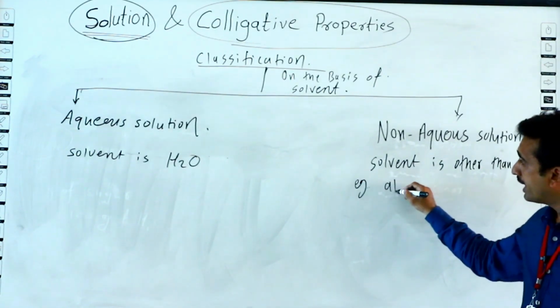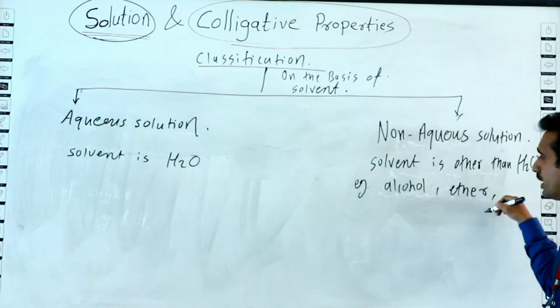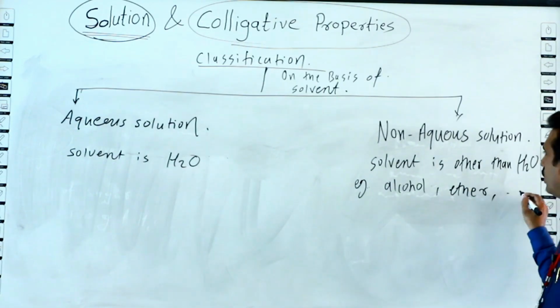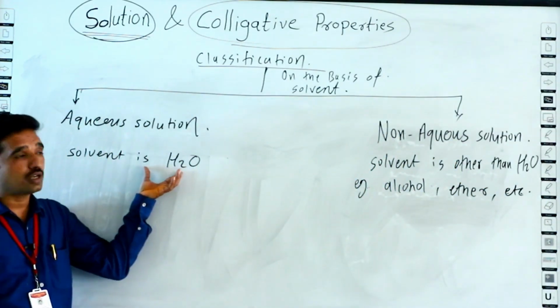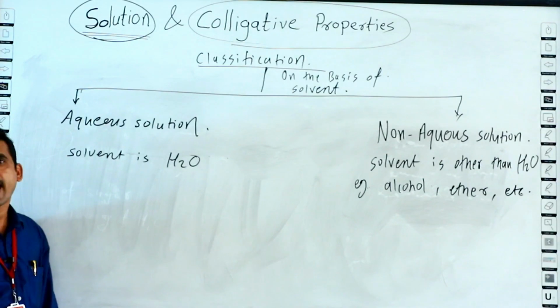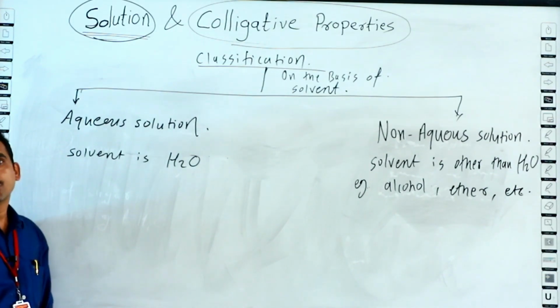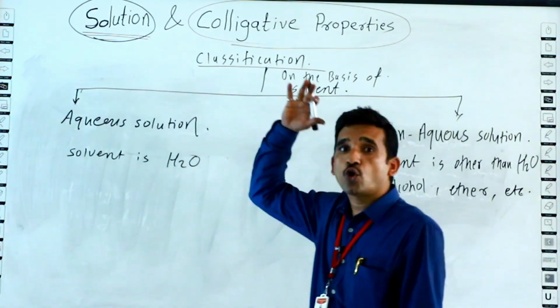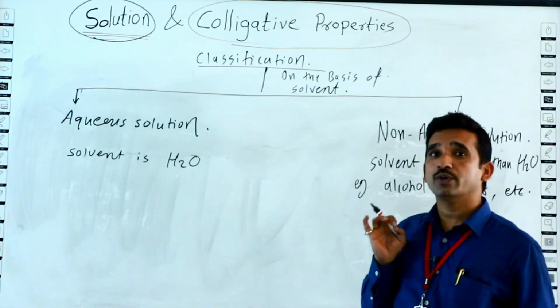Here example, alcohol, ether, etc. If the solvent is water, then the solution is called as an aqueous solution. Aqueous solution, we discuss or we say there is a quote in chemistry: water is a universal solvent.